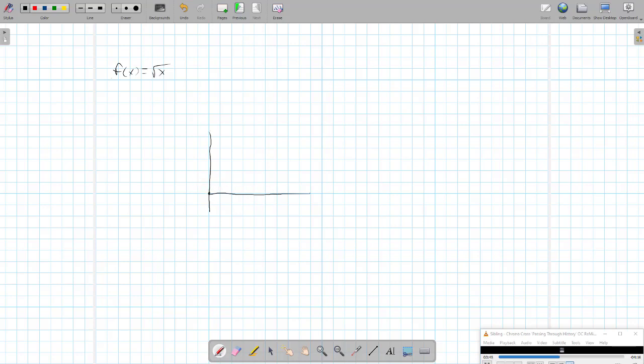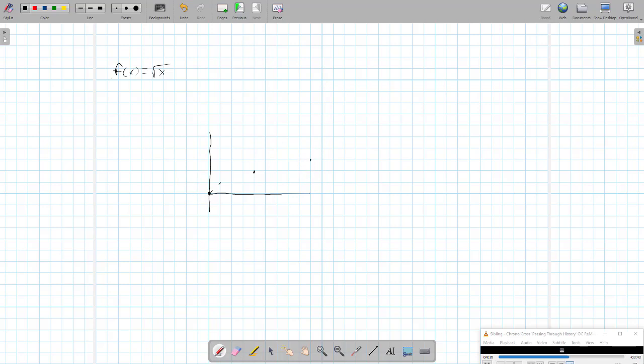So let's see, 0, 0, 1, 1. 4, 2, and let's see, what's the next perfect square? Because I've got a square root, I kind of need a perfect square. 9, of course 9. 9 square rooted is 3, so I believe 9 is right here. There's 10 tick marks between the thick lines, so it'll be right here.